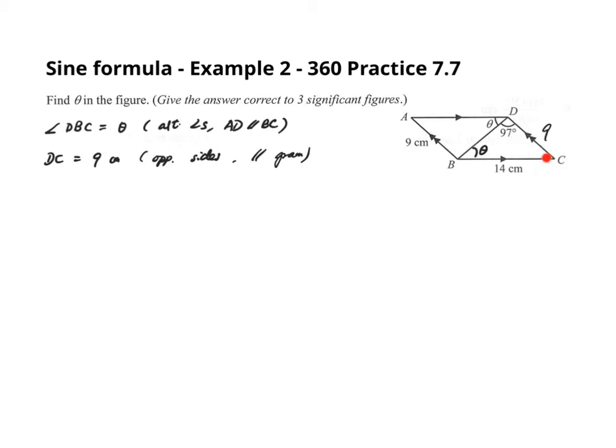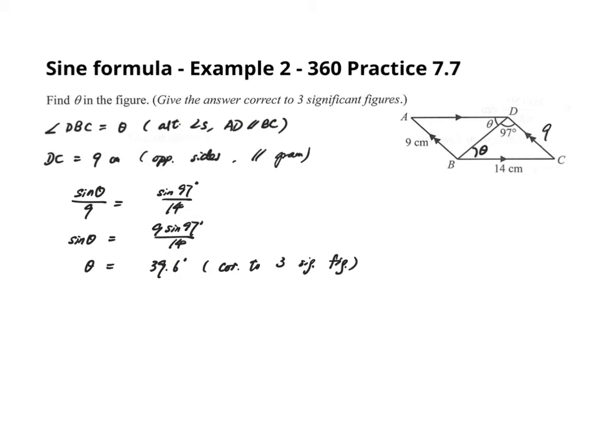Now CD is the opposite side of theta, and BC is the opposite side of angle BDC. By the sine formula, sine theta over 9 is equal to sine 97 degrees over 14. So sine theta is 9 times sine 97 degrees over 14. So theta is 39.6 degrees, correct to 3 significant figures.